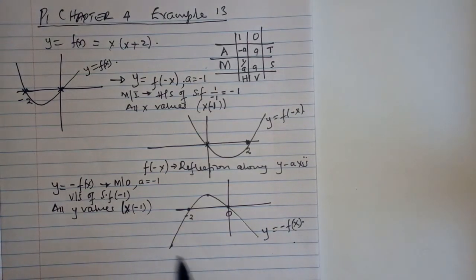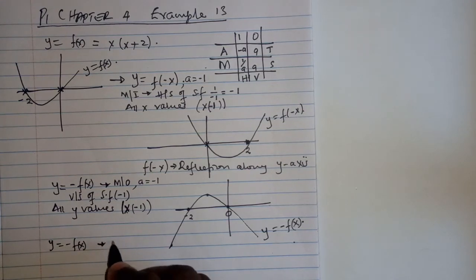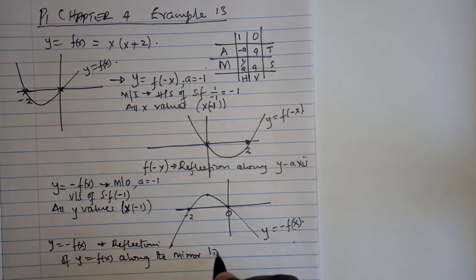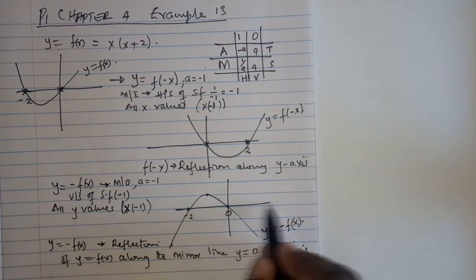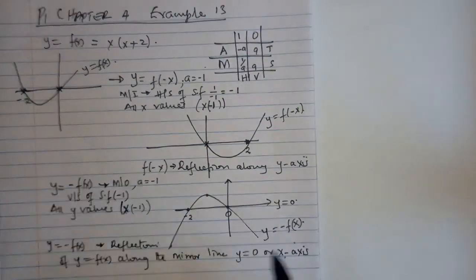You will see that the graph of y equals negative f(x) is a reflection of y equals f(x) along the mirror line y equals 0, because this is the line y equals 0, or it can also be called along the x-axis.